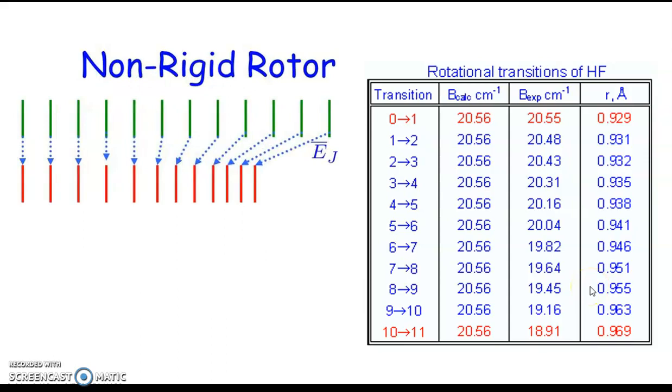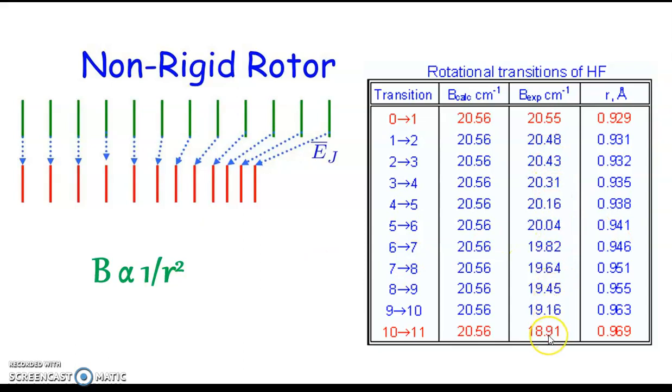That is, it does not have a constant 2B separation predicted by the equation of a rigid rotor, but it decreases steadily with increasing J. If we calculate the bond length of HF using each B value, we would get an increased value of bond length as the transition level increases, as B is proportional to 1 by R square by the equation B equal to h by 8 pi square Ic, where I equal to mu R square.